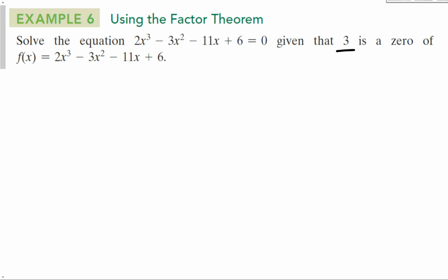Let's see what happens. So 3 is a 0. So we have 2, minus 3, minus 11, and 6 with synthetic division. You could try to use long division, but it would take much, much longer, which is why it's called long division.